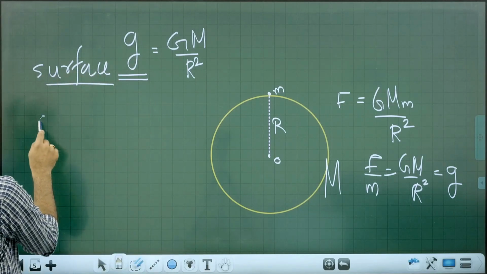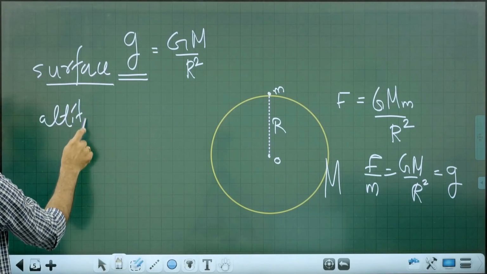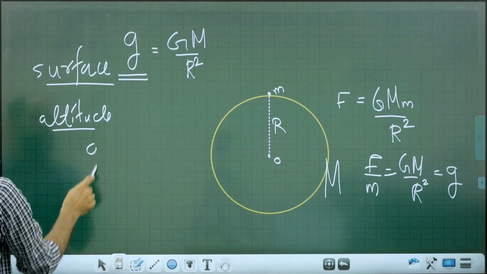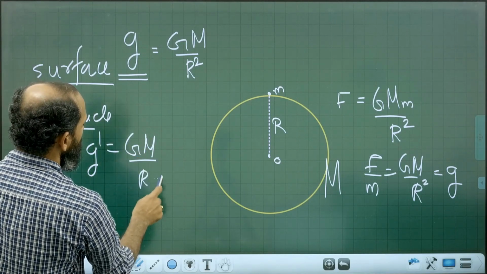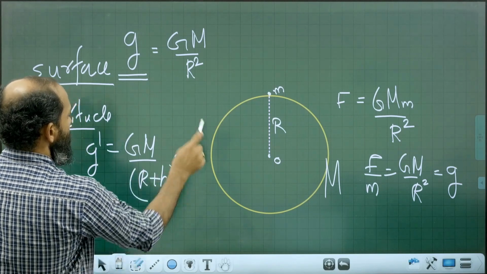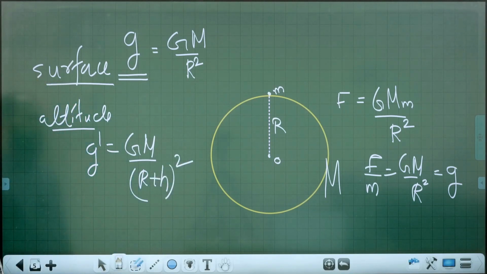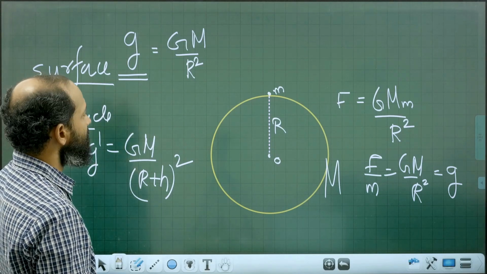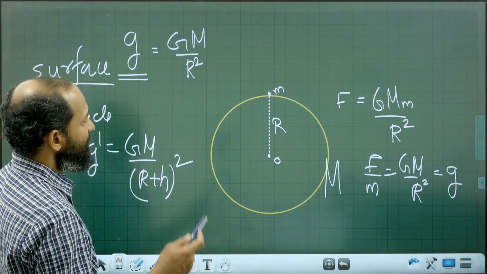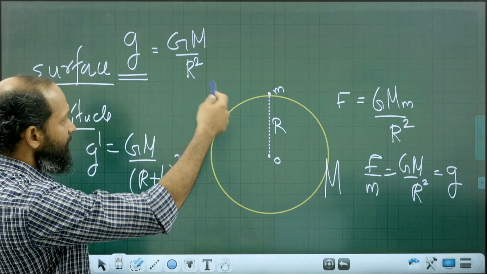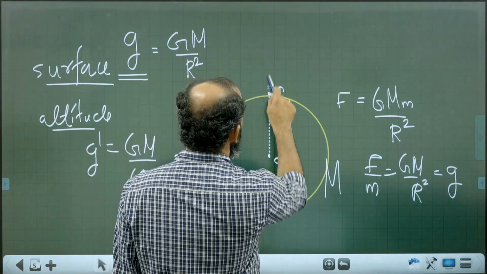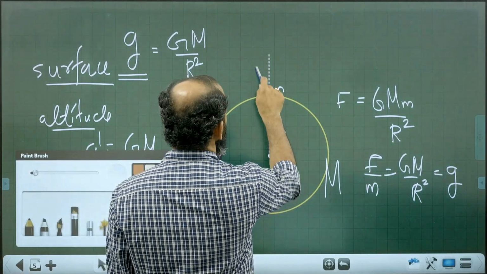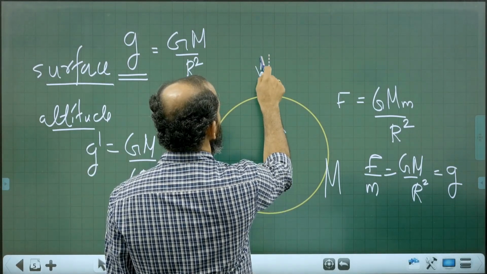But at an altitude, g dash is equal to GM by (r plus h) whole square. So you compare the values of acceleration due to gravity at the surface and at a height above it. Height is measured above the surface.